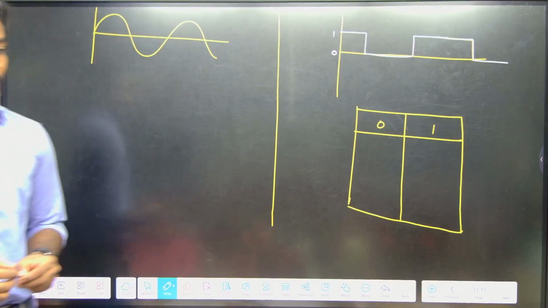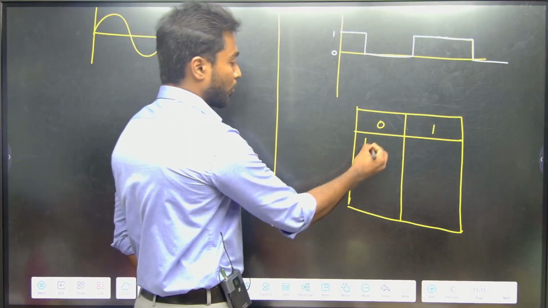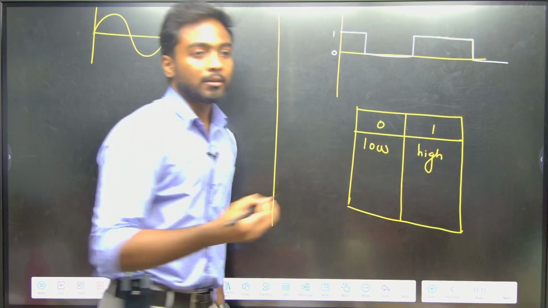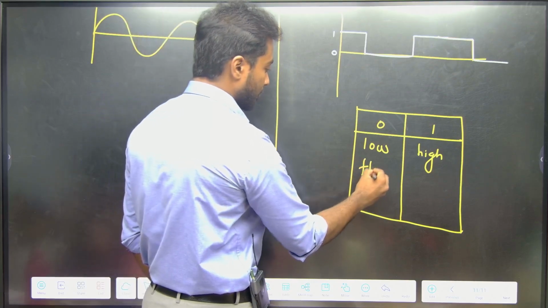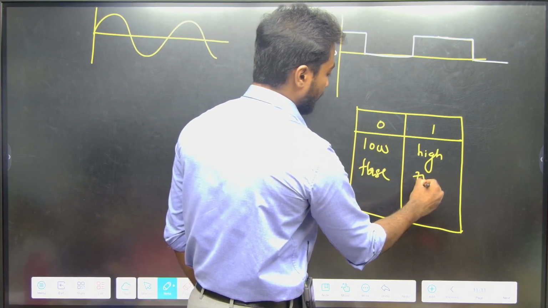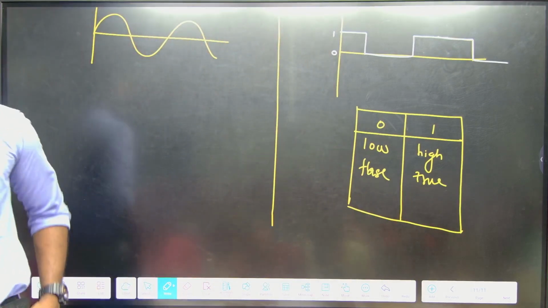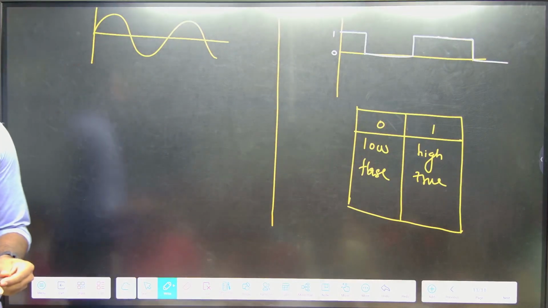So 0 can be low, then 1 will be high, in the opposite manner. If it is false, this one will be true. Then what else can we say? Any opposite terms?